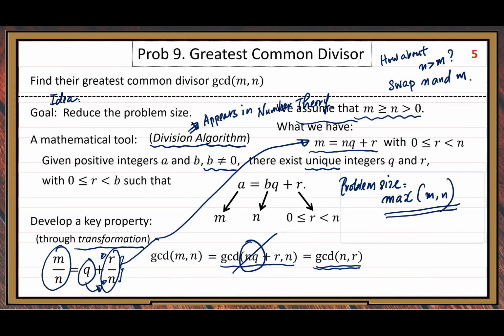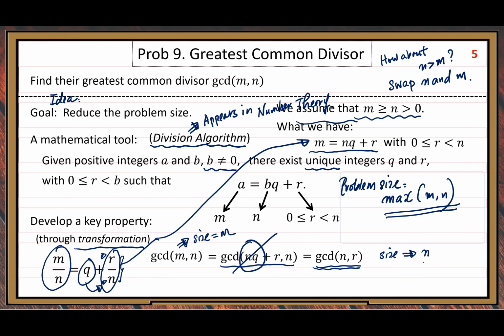So this version is after the integer part removal. We get a GCD of n and r, and this time the size is reduced. Before reduction, the size is m.